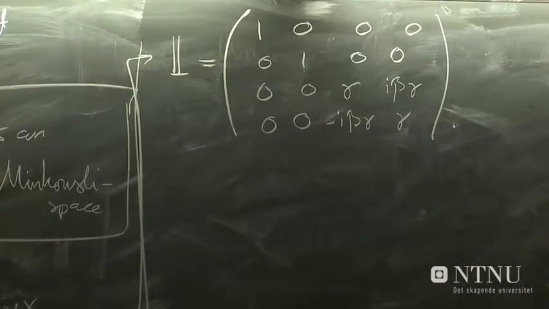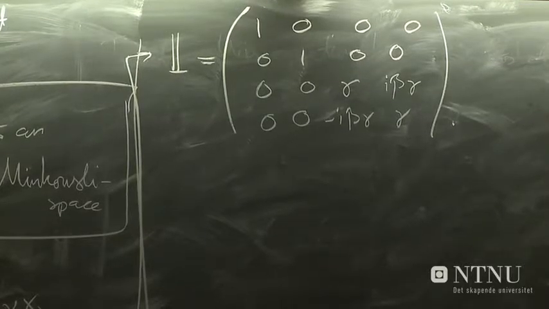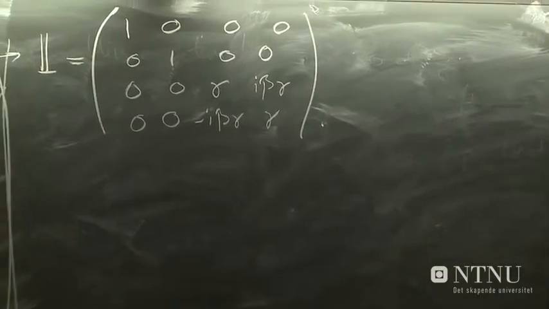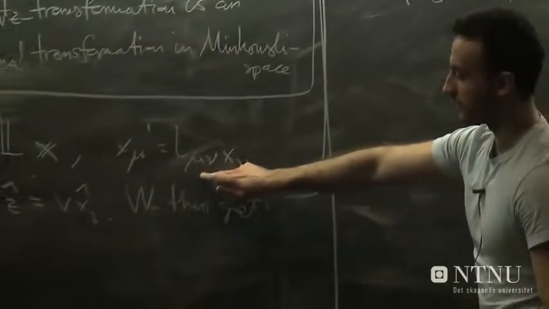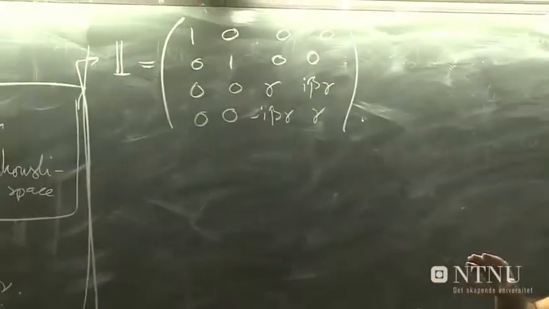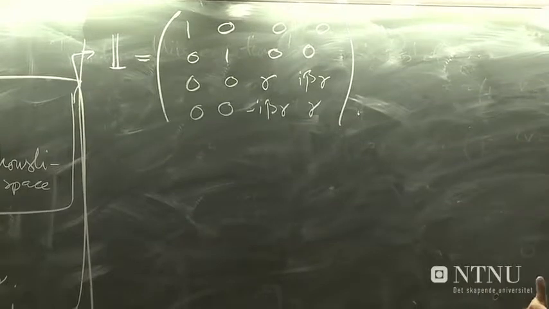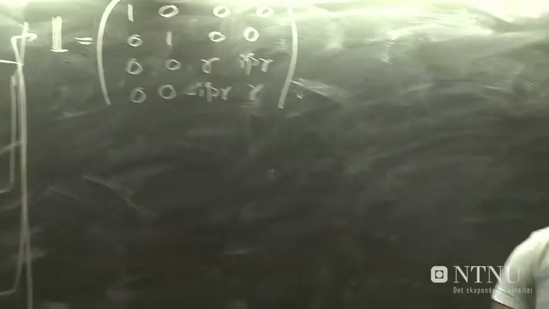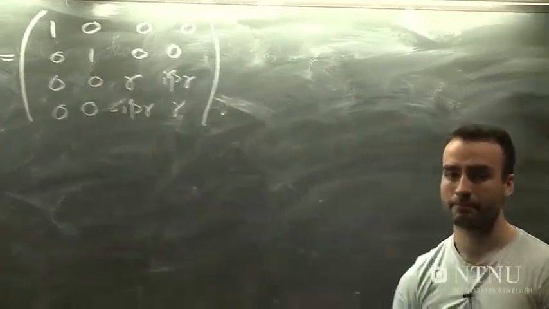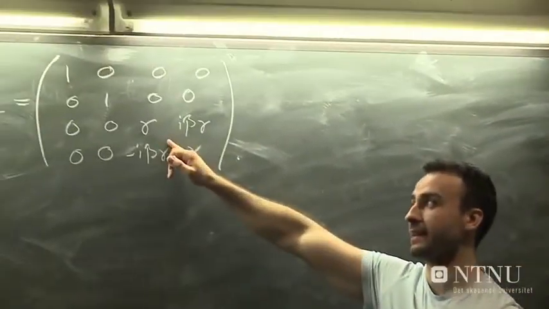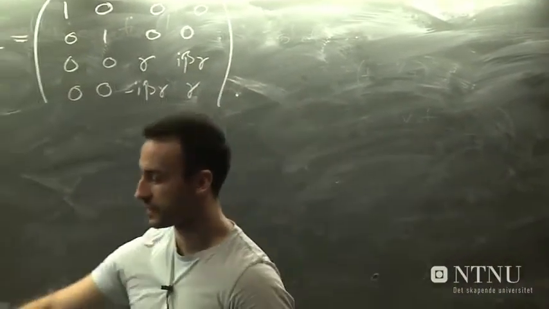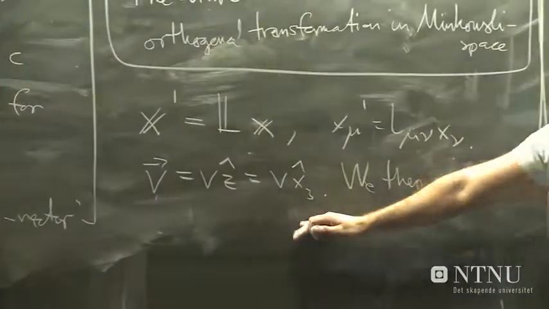By inspecting the set of equations that we wrote down, we can then identify the following matrix just by considering each element and how it couples to the coordinate. So we see that the perpendicular directions to the relative motion should remain unchanged. So x and y transform as identity, whereas z and time couple for this choice of the relative velocity.